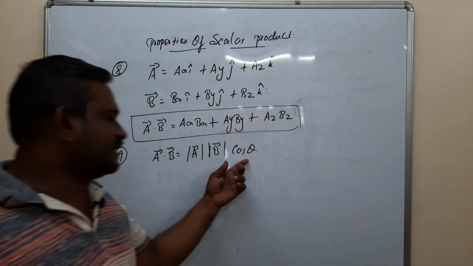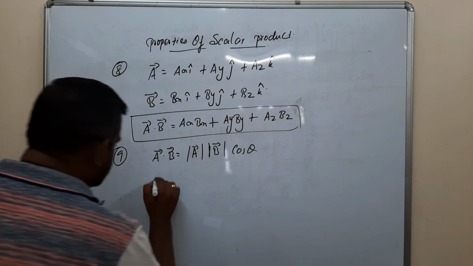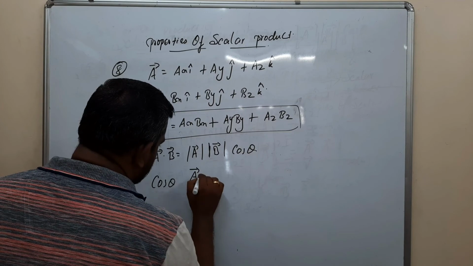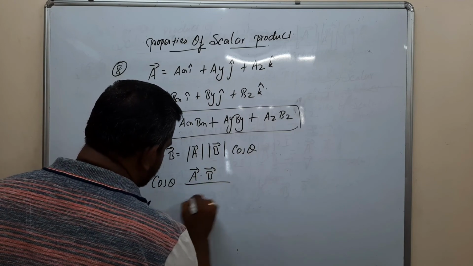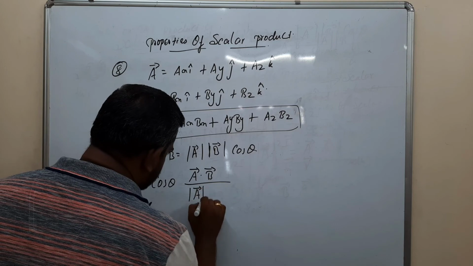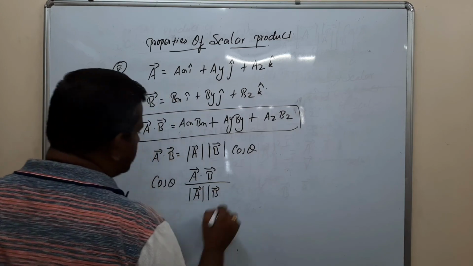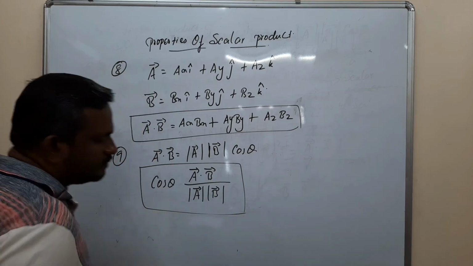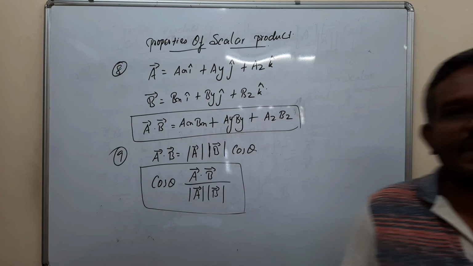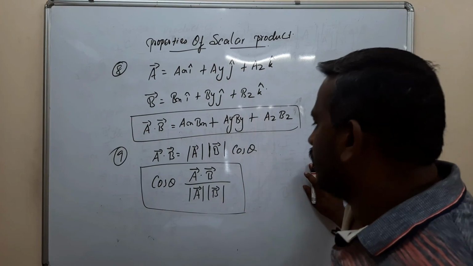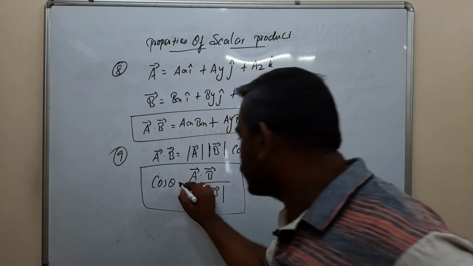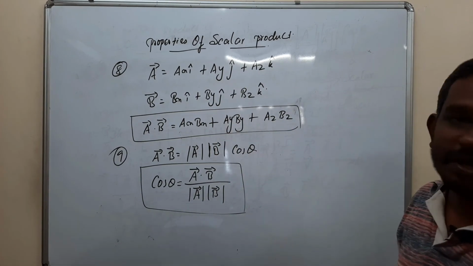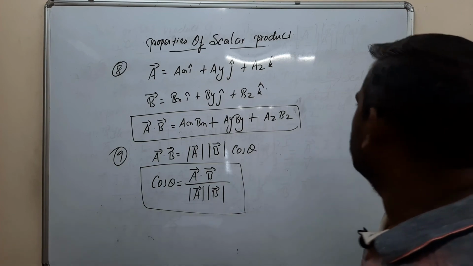So we can find the cosine of the angle theta: cos theta is equal to A vector dot B vector divided by modulus of A vector times modulus of B vector. This is the formula to find the angle between the two vectors.